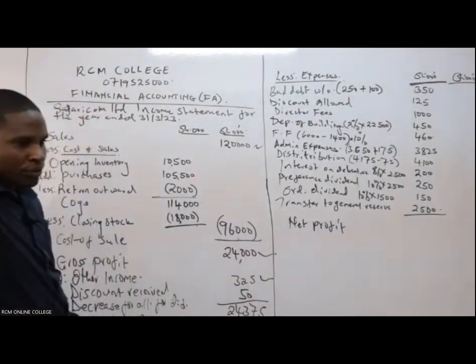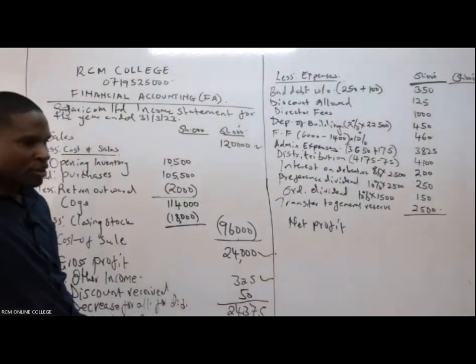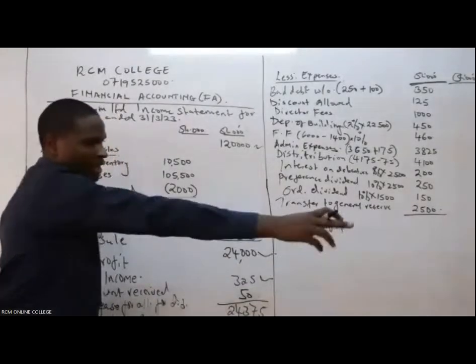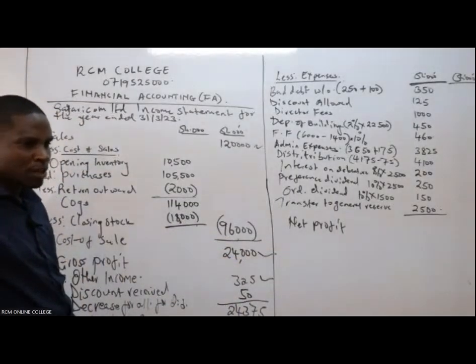So that we are able to. Okay, Sharon, you can proceed and get our net profit. Take 24,375 minus that. You get our net profit, so that we are at the same page.